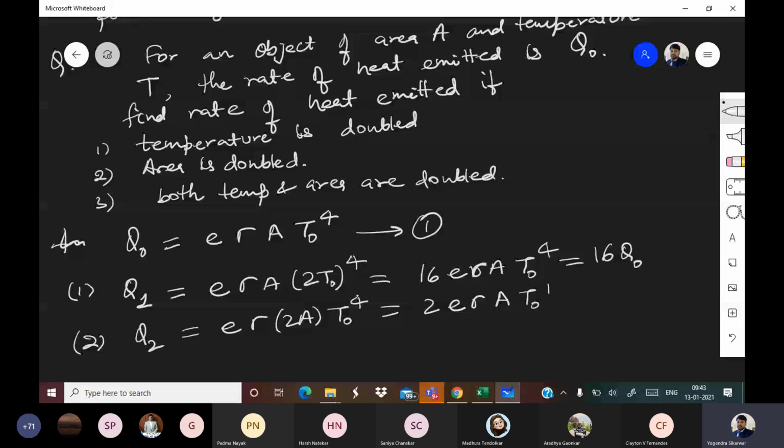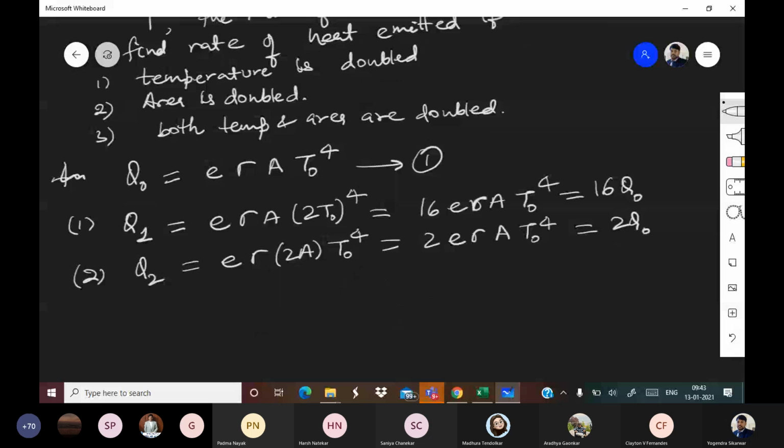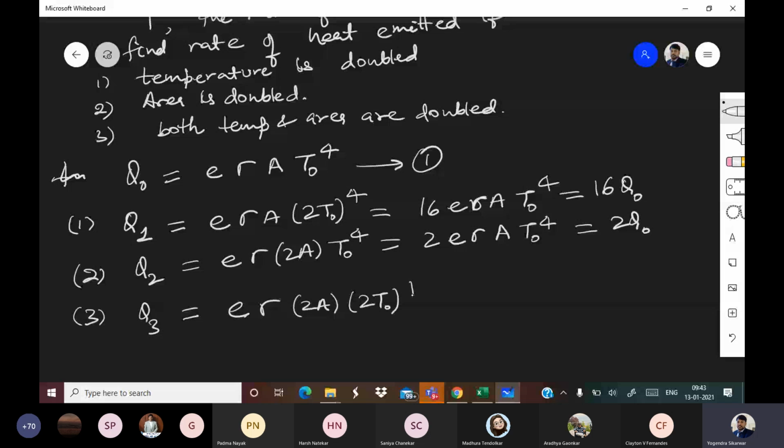In the third case, Q3 is equal to e sigma, now both are doubled, so this becomes 2A and 2 T naught to the power 4.